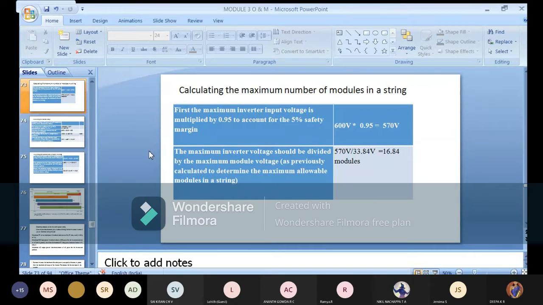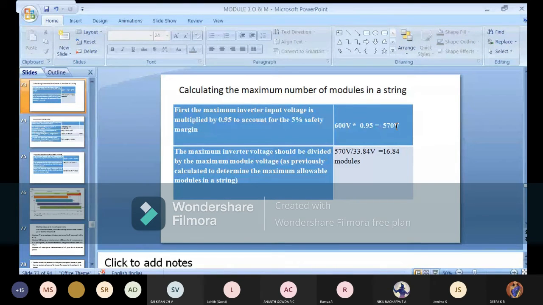As the module's electrical specification is given, the highest capacity is 600 volt, but you cannot use all 600. To safeguard and operate within the range, we multiply with a margin value of 0.95, so 5%. Multiplying the highest voltage of the system by 0.95, you get 570. You are reducing the peak voltage by 5% and achieving 570.